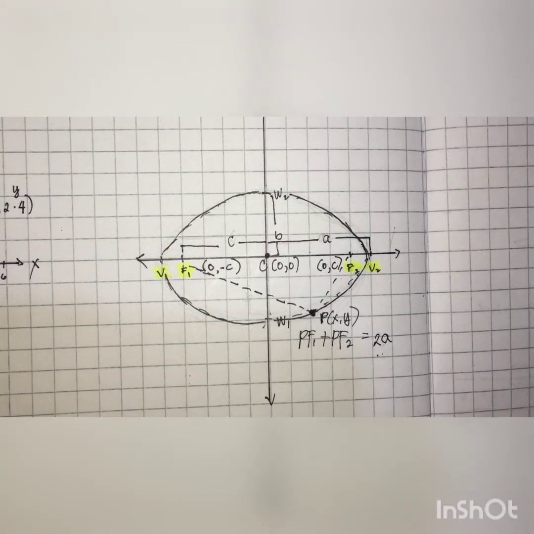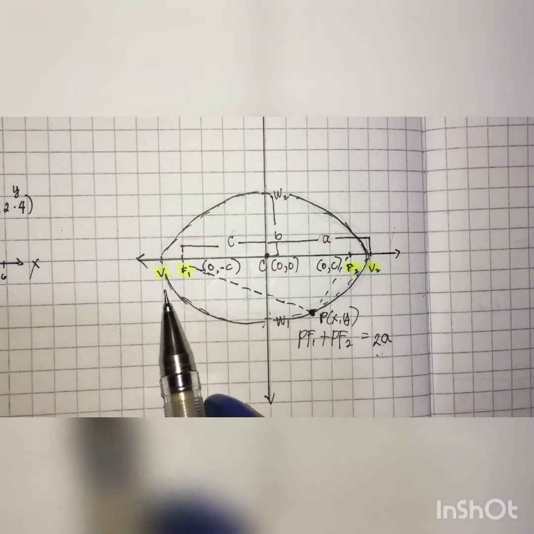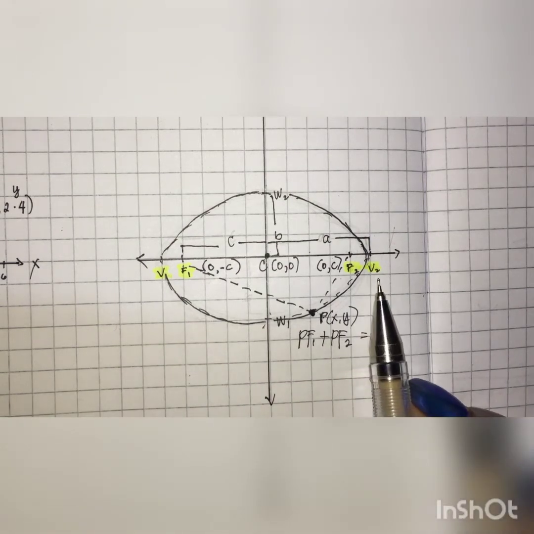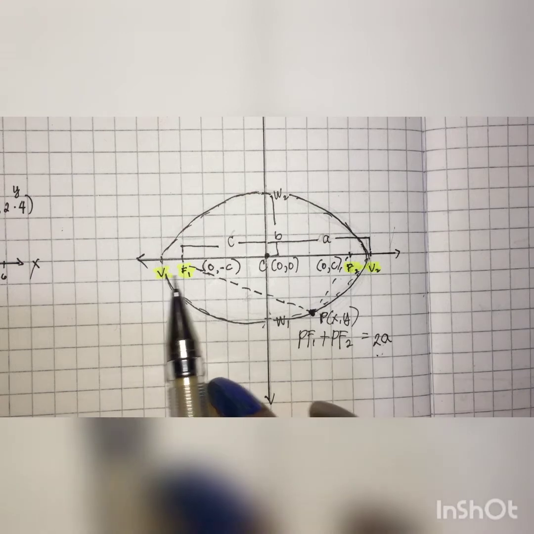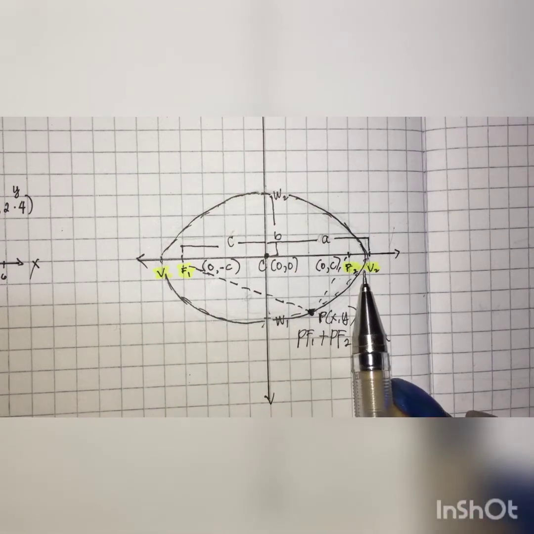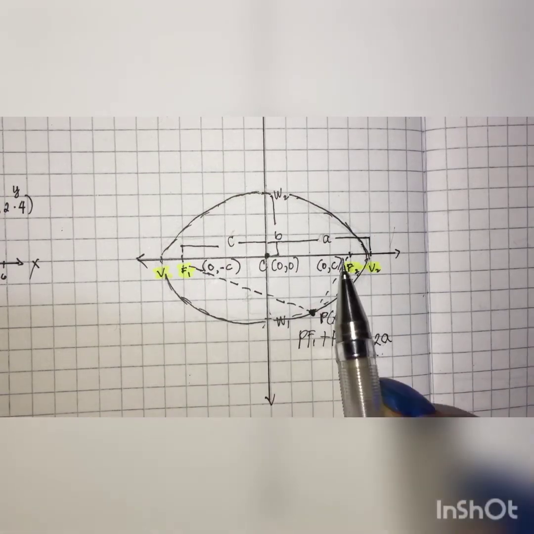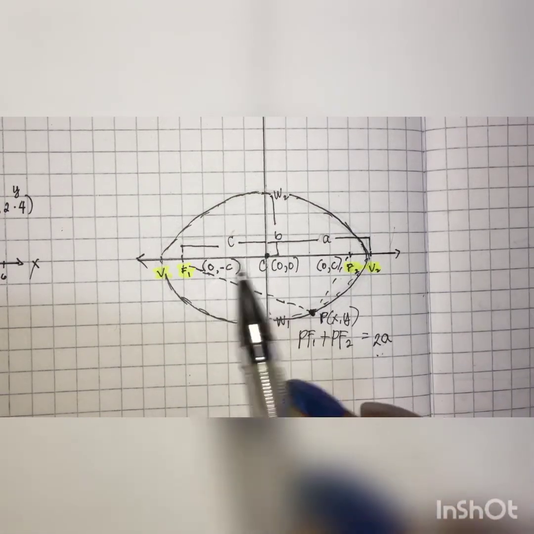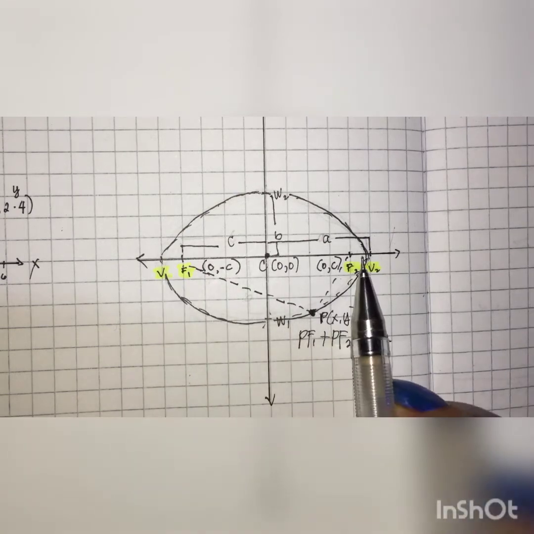For the vertices, we have here V sub 1 and V sub 2. The vertices are points on the ellipse collinear with the center and the foci. As you can see in this figure, collinear means they lie on the same line: focus, center, vertex.